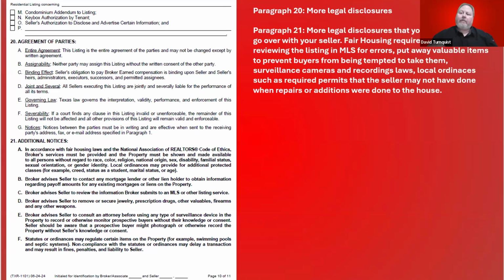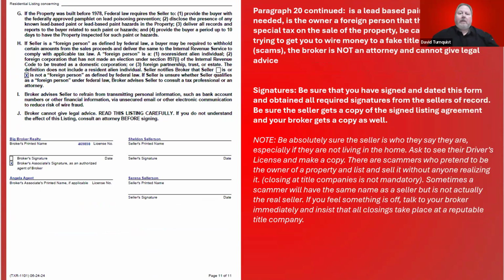Also make sure that if the seller had any changes to the property or additions, that they got the proper permits. Because if they don't have the proper permits, it could be a problem once the inspector comes out or the appraiser comes out. Also, paragraph 21G, make sure that if the home was built prior to 1978, there's a lead-based paint addendum.